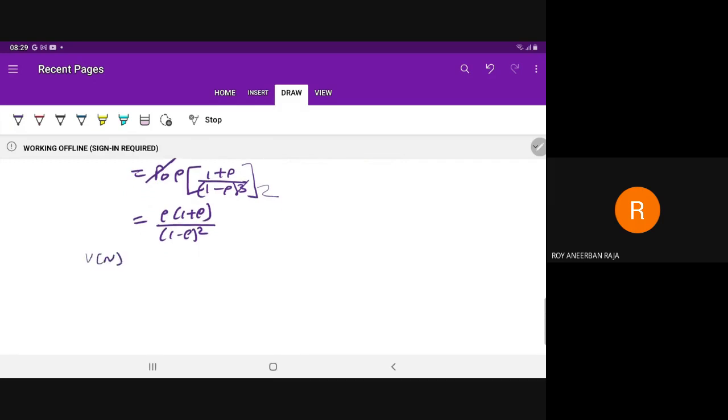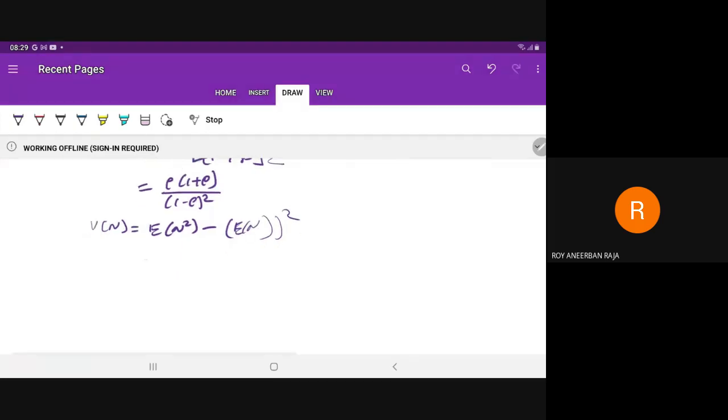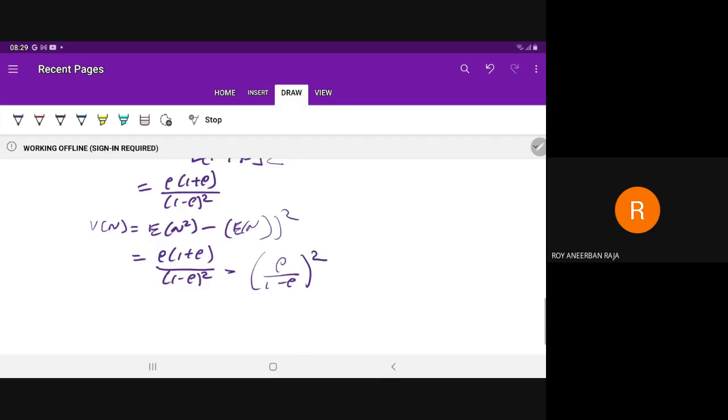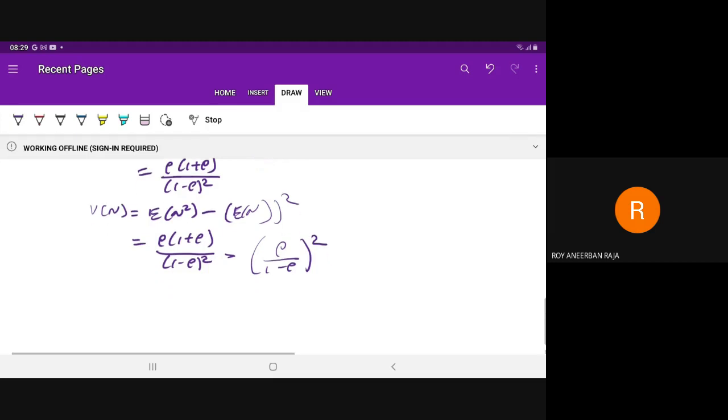We have to compute the Vn. Vn is what? E(n square) minus square of E(n). Variance you know how to compute. So we have computed this value as ρ(1 plus ρ) upon (1 minus ρ) whole square minus, what is the value of the E(n)? ρ upon (1 minus ρ) and whole square. E(n) we have computed before this, it is equal to ρ upon (1 minus ρ).